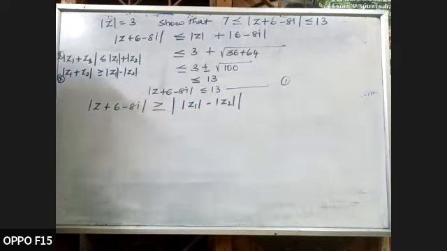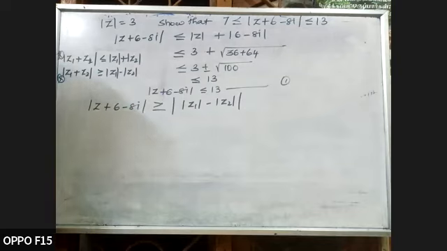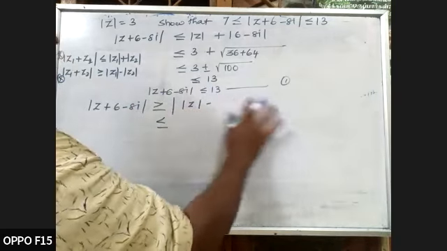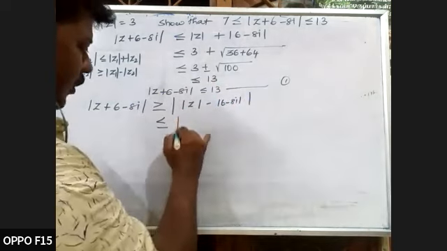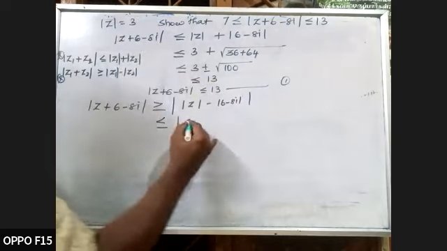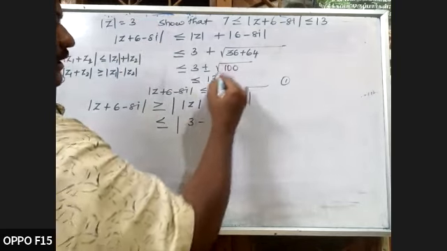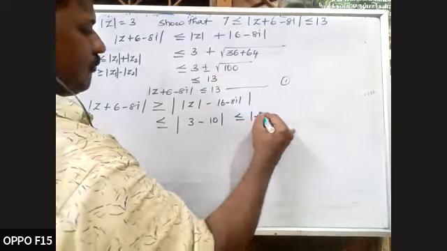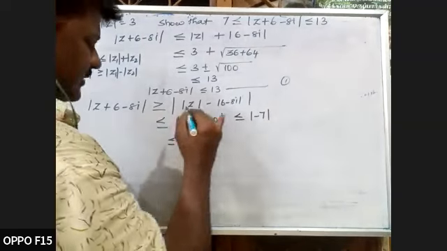That is the property, because if the difference comes out negative, you have to convert it into an absolute value. So it is greater than or equal to modulus of z minus modulus of 6 minus 8i, which is 3 minus the modulus, square root of 100, which is 10, so mod of minus 7. I can write the absolute value as 7.